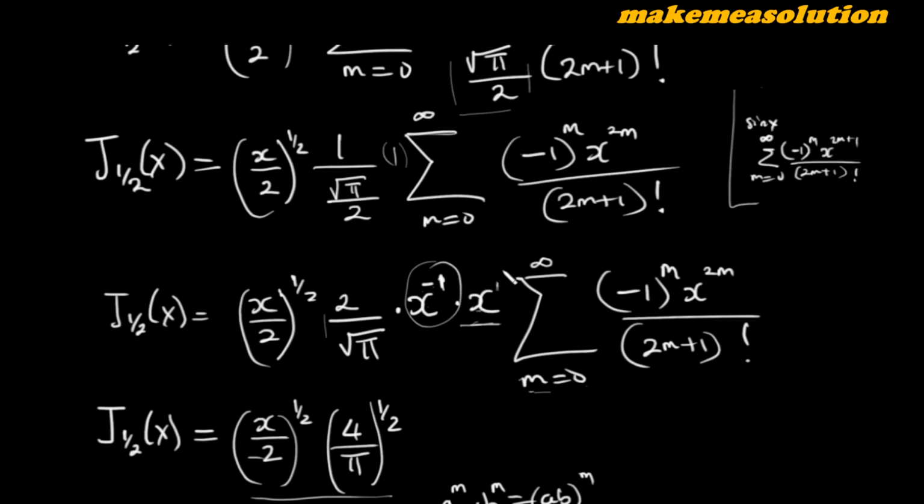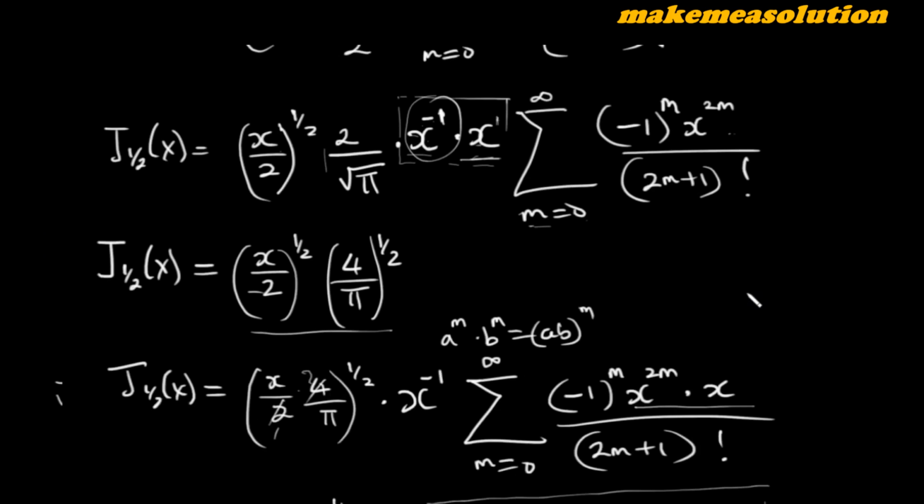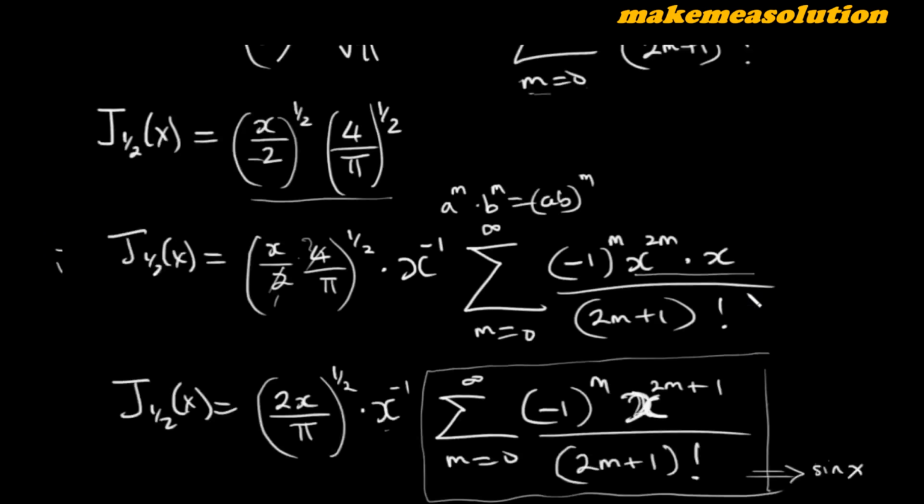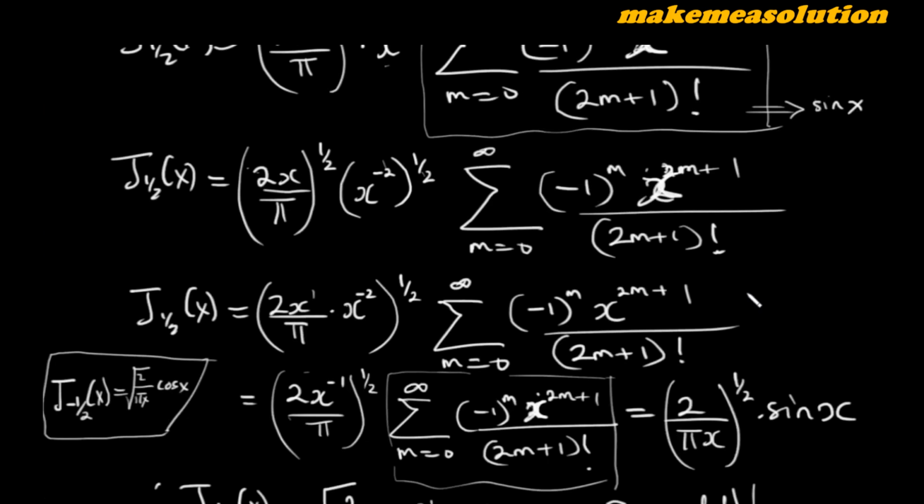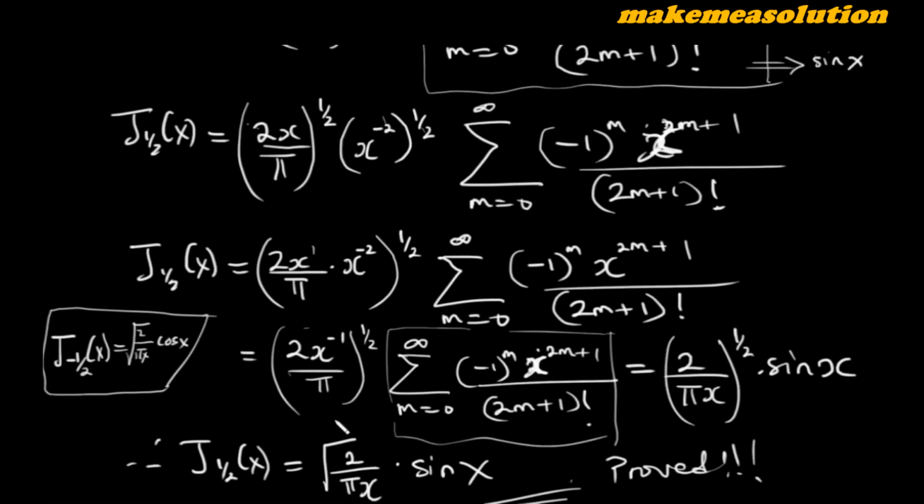That was what made me introduce this particular term over here, x inverse, then multiplied by x. So this x inverse will interact with the terms over here, while this x will interact with the term in the summation. When you do that, you're going to get all of this eventually, and you now get to your final answer over here.